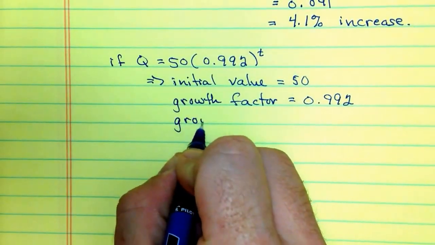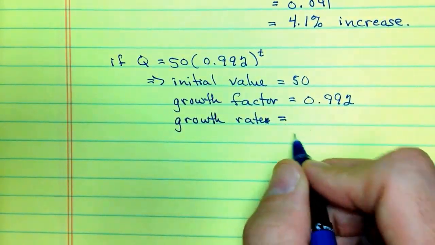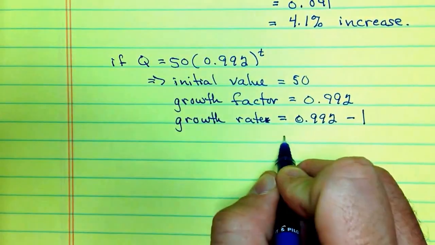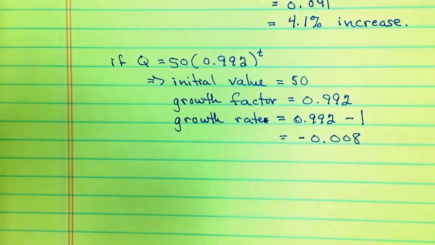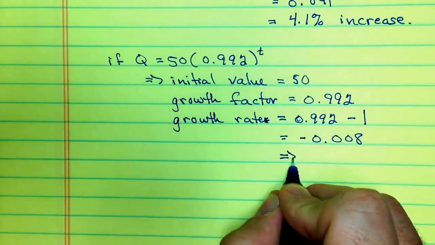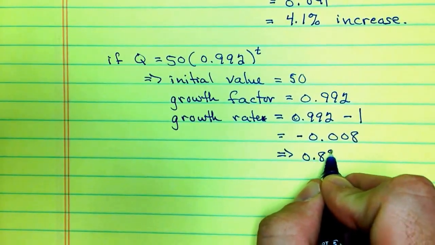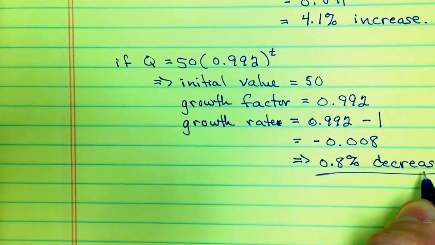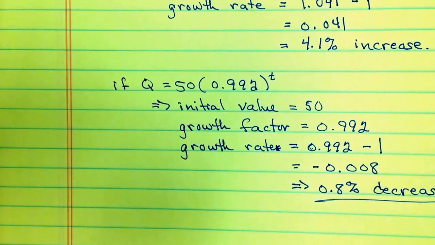And the growth rate is 0.992 minus 1, which gives us negative 0.008. So this in turn means that we have a 0.8% decrease. Remember we can use the word increase to mean positive and decrease to mean negative, so don't worry about that too much.